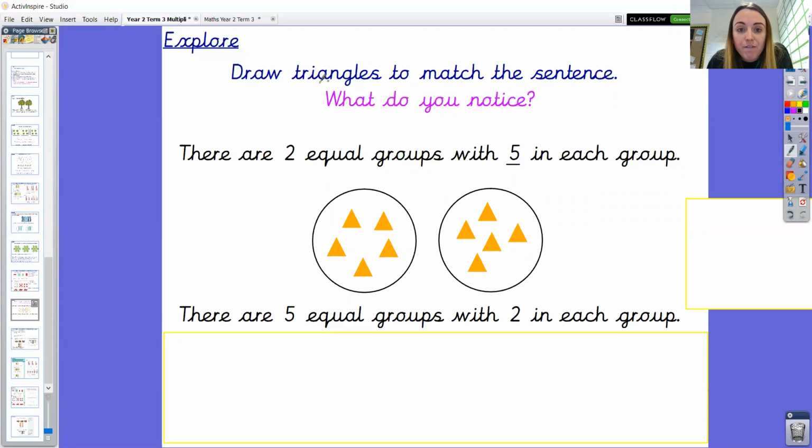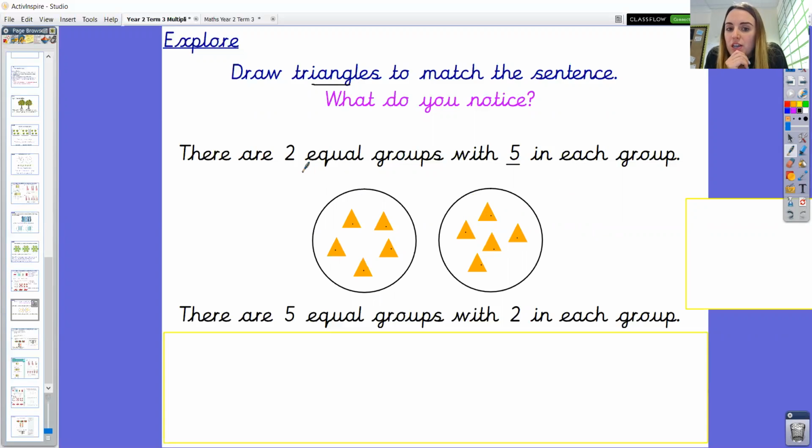So that is the 5 triangles. 1, 2, 3, 4, 5. And because the groups are equal, I need to make sure that there is the same amount in each group. So let's check. Count with me. 1, 2, 3, 4, 5. So there are 2 equal groups with 5 in each group.